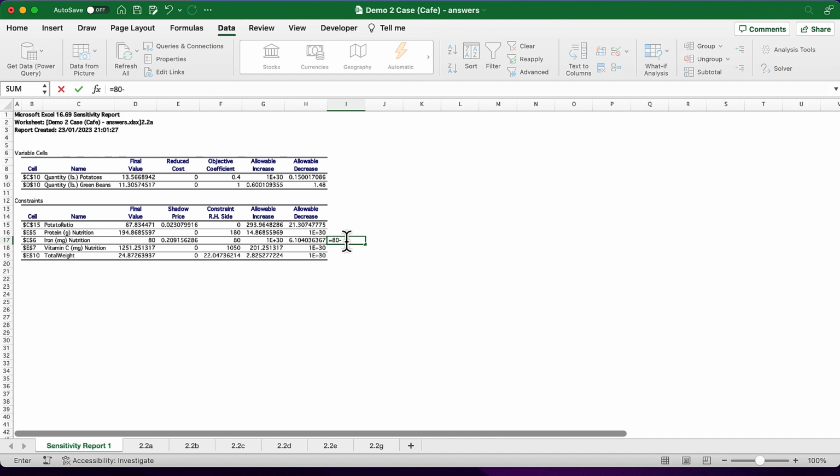Let me quickly give you a sense of what's going on here. If I'm trying to cut my costs by relaxing the iron nutritional requirement, then the best I can go down to before no changes would ever happen is 73.89 grams. So say, for example, I go back to the problem.